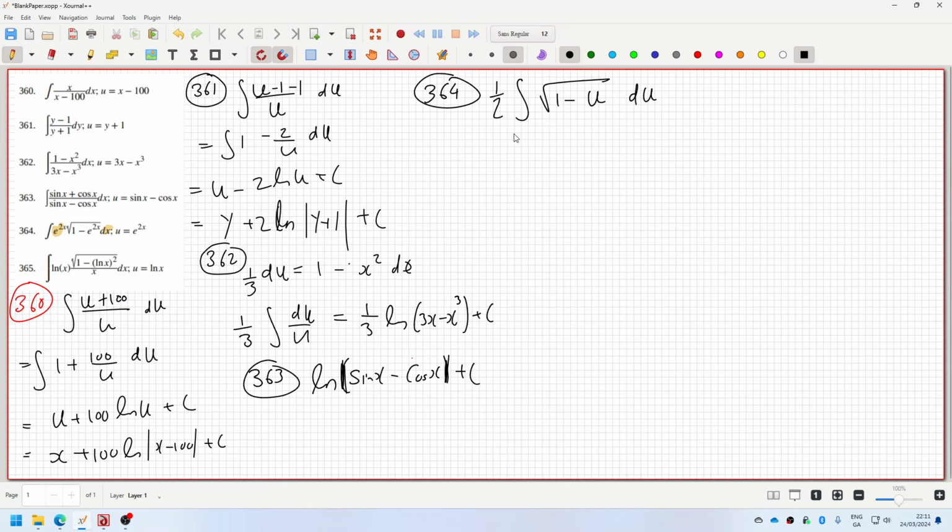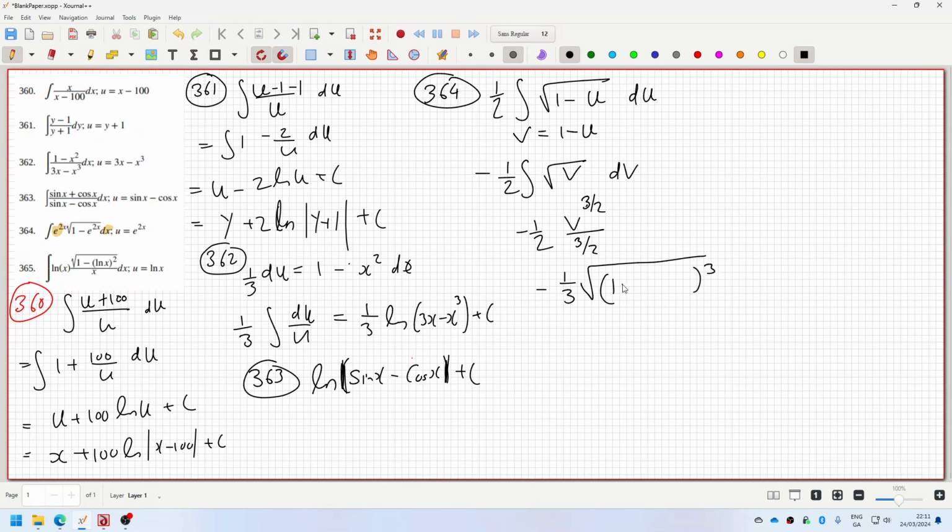Then if I said v equals 1 minus u, then this would become a half integrate root v dv, minus a half, sorry. So then that becomes minus a half, increase the power by 1, that's 3 over 2, divide by the new power, 3 over 2. So that would be minus 1/3 root v cubed. But v is 1 minus u, but u is e to the power 2x. Don't have an answer back to check for that.